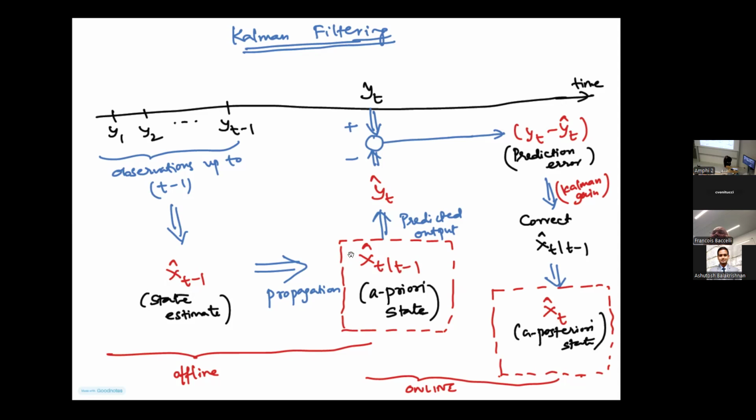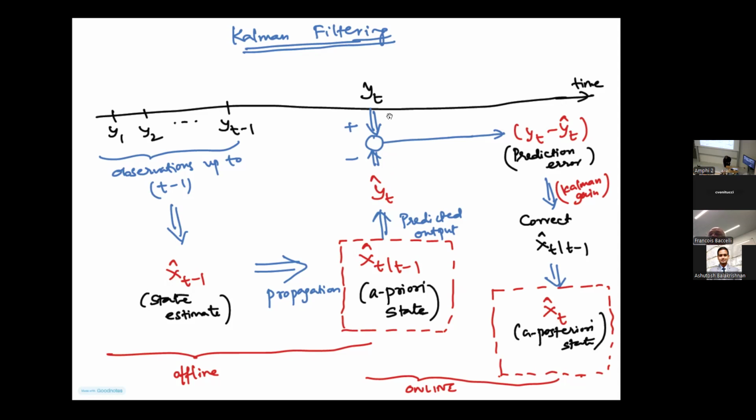Once you obtain the a priori state, x hat of t given t-1, the next step is to predict the output y t hat. The process up to this point can be done completely offline. There is no need for real-time processing. So we have samples up to t-1, and we can obtain up to y t hat.